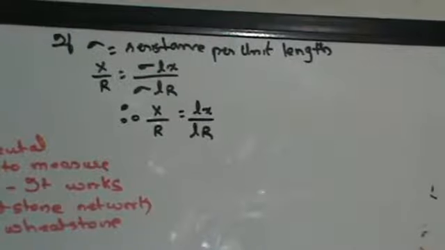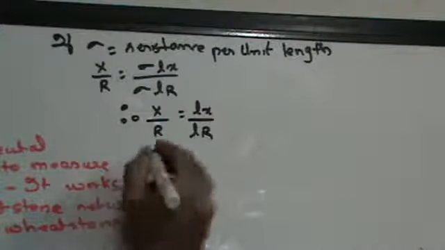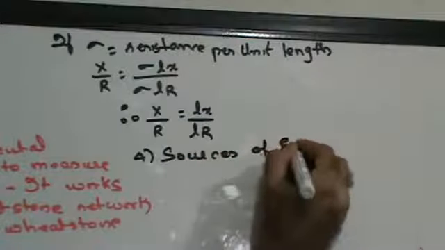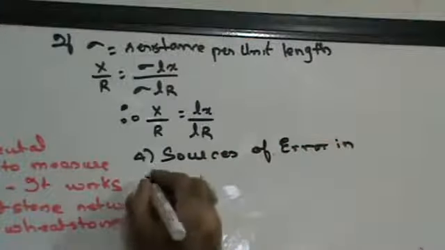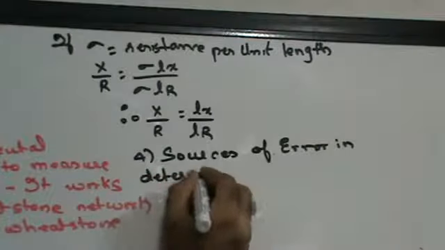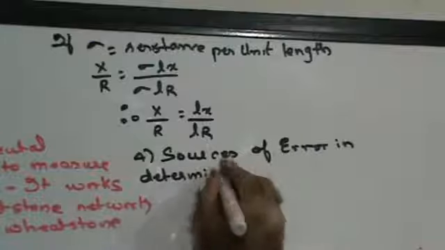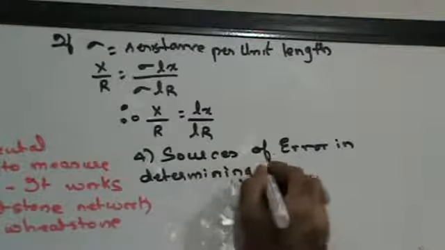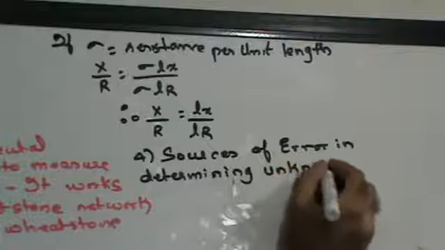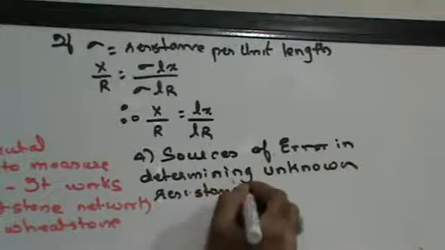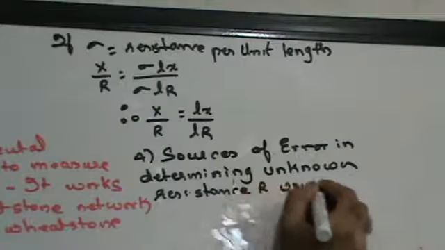Now, what are the sources of error in determination of unknown resistance using a meter bridge?